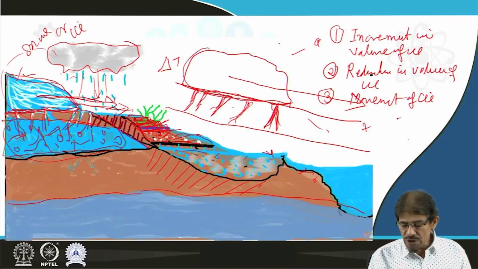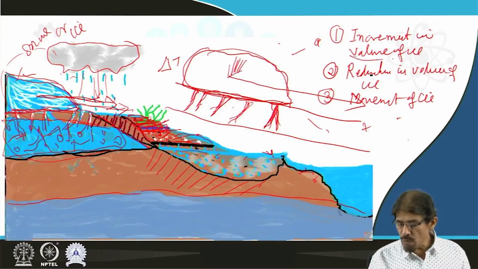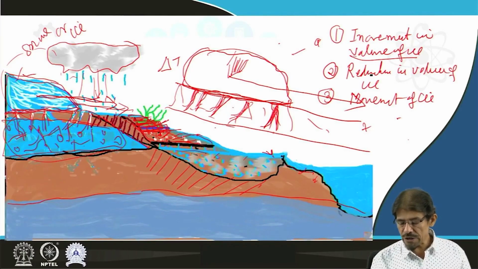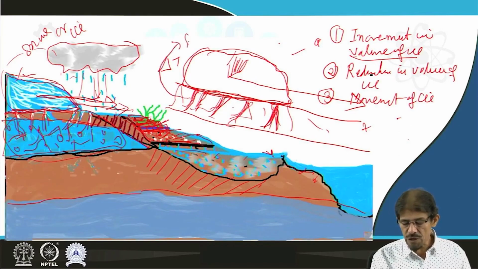If we are considering here the increment in volume of ice, then this increment is going to create some stress on this strata and going to make the changes on this strata and make this strata in form of smaller fragments.